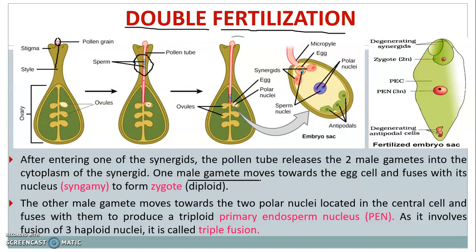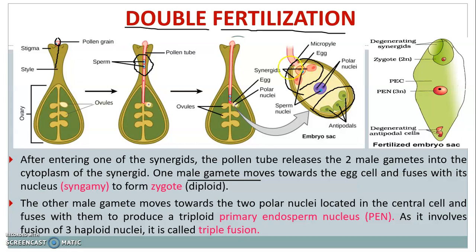As I explained in the previous lectures, this ovule has the 8 nuclei, 7 celled stage. Three are present at the micropylar end and three are present at the chalazal end. This is the central cell, with polar nuclei.